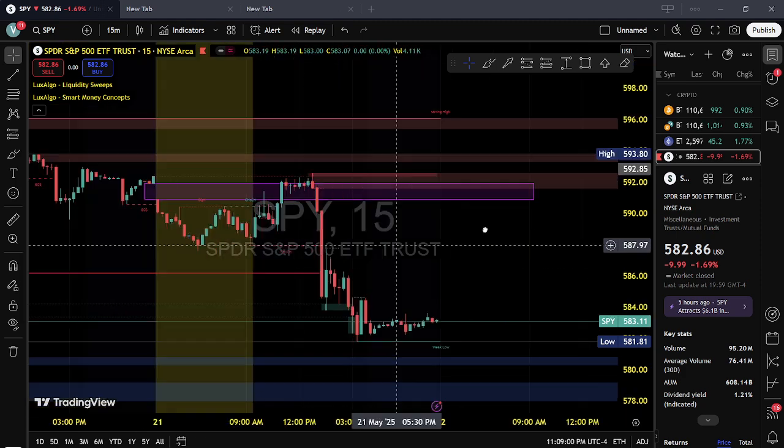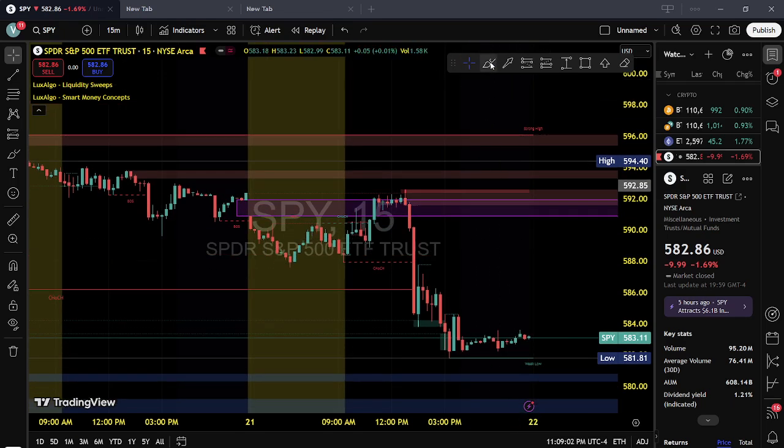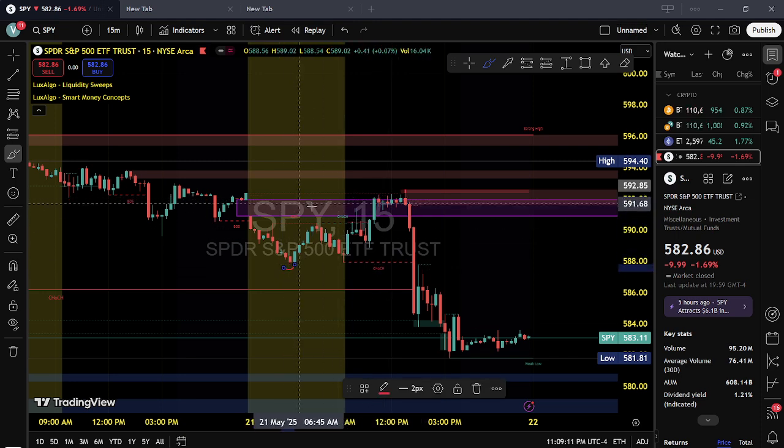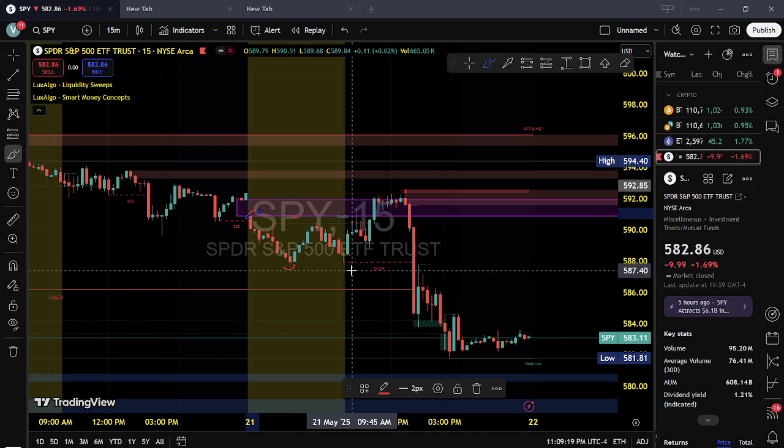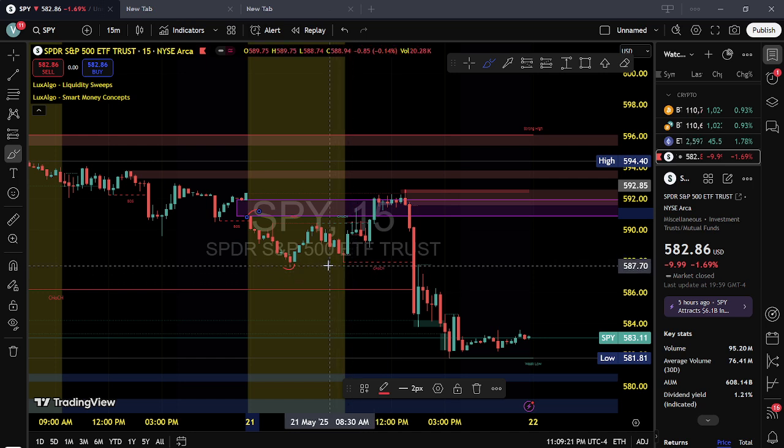So how can you figure it out? Always keep in mind, whenever the market opens, what the low of the day and the high of the day are. If these two levels are broken on either side, definitely the market will try to do one more retracement in a day.